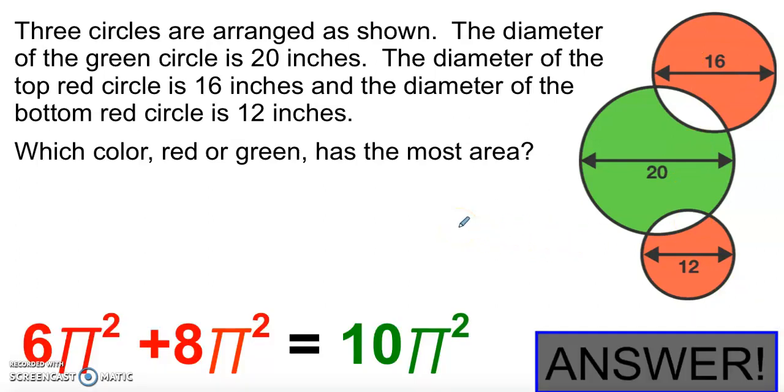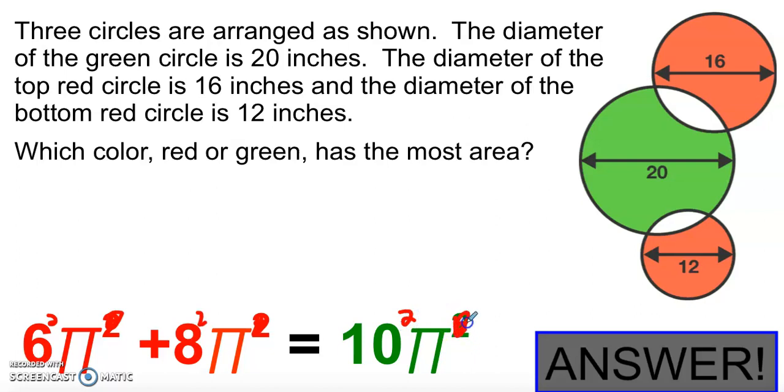So, believe it or not, if I take 6 squared and 8 squared, that's going to end up equaling 10 squared. Sorry, the squareds were in the wrong spot, and the color's not right.